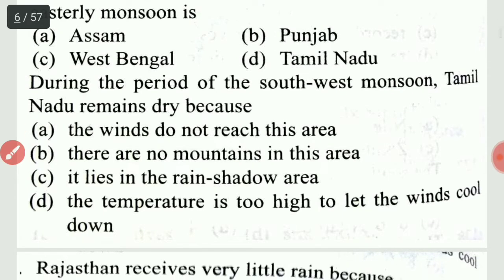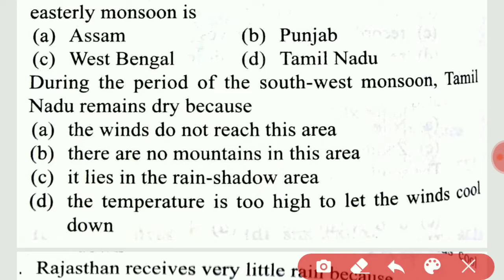Next, during the period of the southwest monsoon, Tamil Nadu remains dry because... right option is option C. It lies in the rain shadow area.